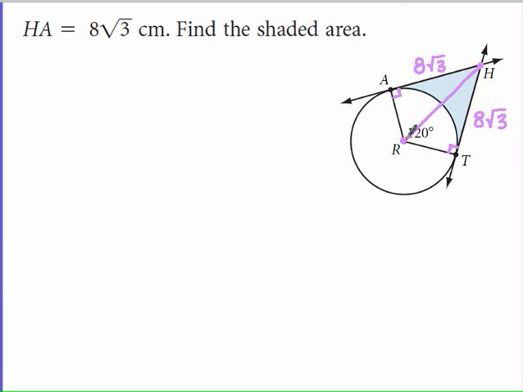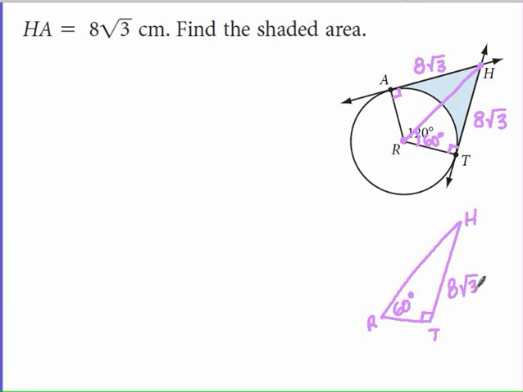So let's think about things. If this is 120, what is each of those little angles going to be? 60. So really this is 60 degrees. I have a 90-degree angle here. I know it doesn't look like a 90-degree, it is. 60 degrees at R, T, and H, and this is 8 root 3.